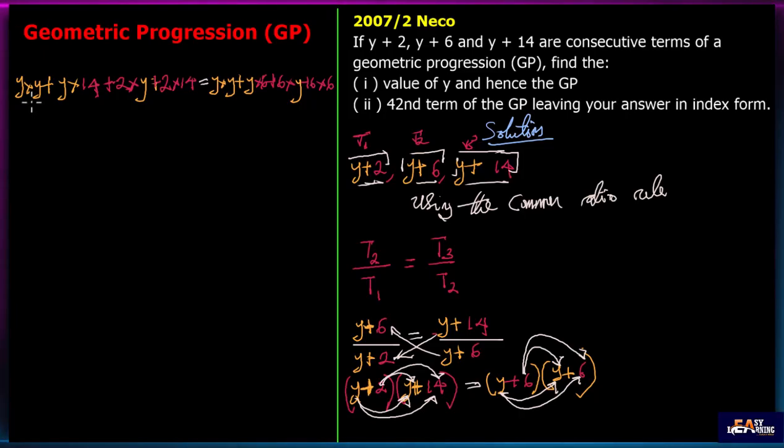Okay, so y times y here will give us y raised to power 2, y squared, plus y times 14 here will give us 14y. We're done with that.